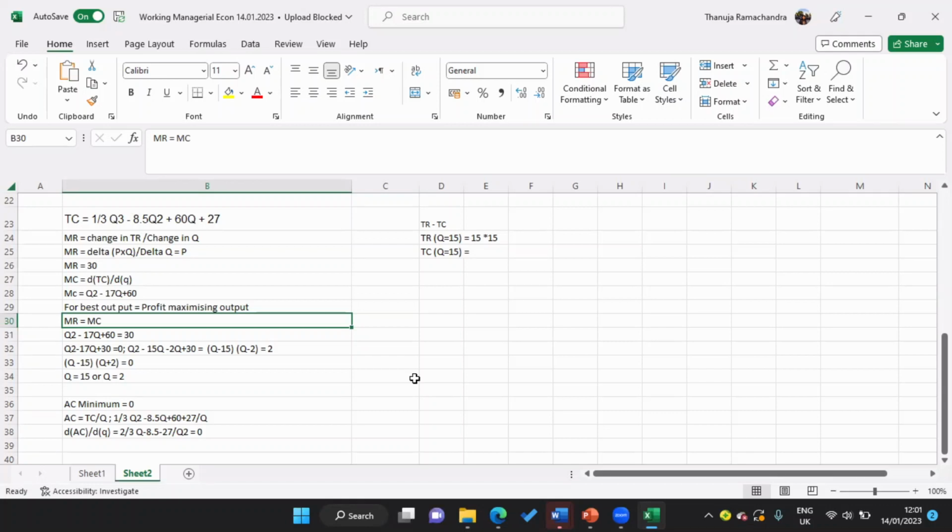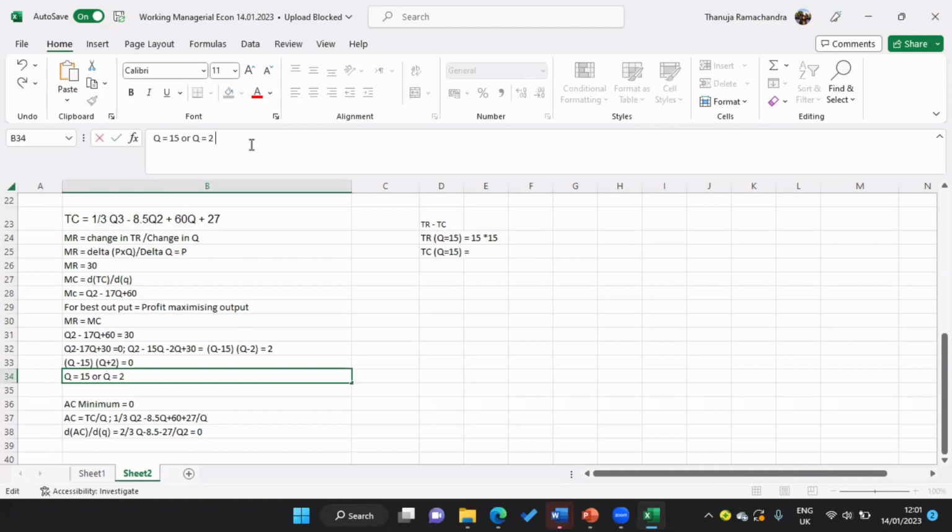The second order condition is that it should be met during the rising level of MC. On this side, MC is going down, so we can't take Q equal 2. Q equal 2 is not the best level of output. Even though it satisfies the first condition, it doesn't satisfy the second condition. Okay, thanks. I thought it's a plus 2.